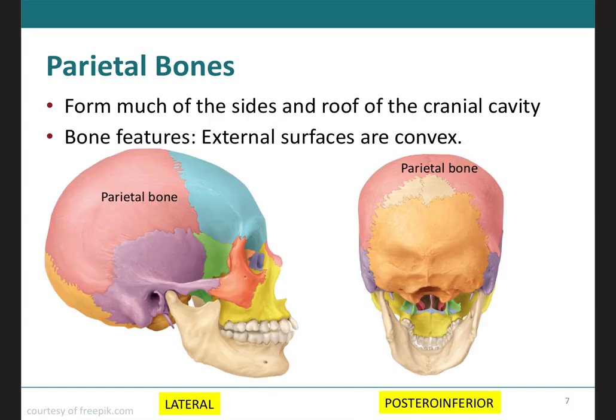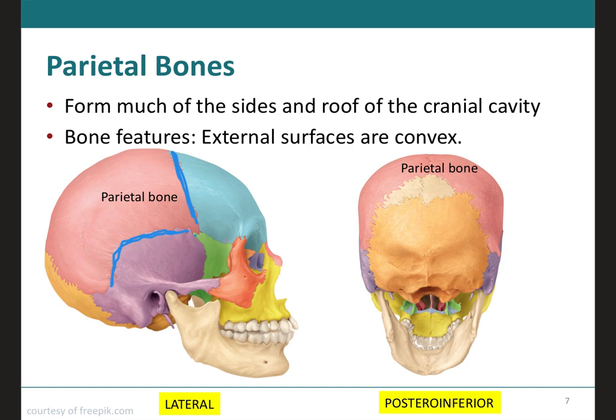Next, we have the parietal bones, which are these large quadrilateral, meaning that there are 4 sides to it, bones that will form the greater portion of the sides and the roof of the cranial cavity. Each bone will articulate with 5 other bones, which are the frontal bone right over here at the coronal suture, the temporal bone right over here at the squamous suture.